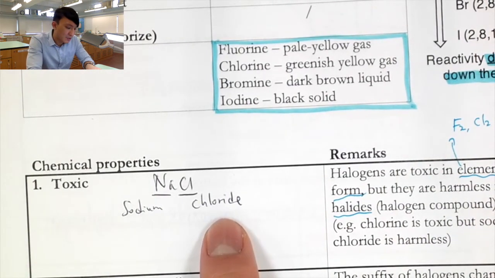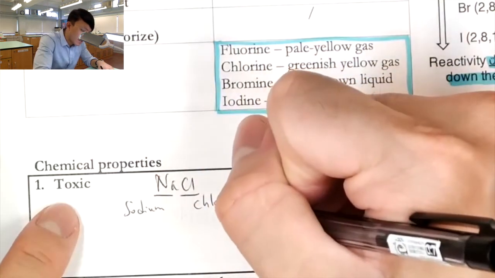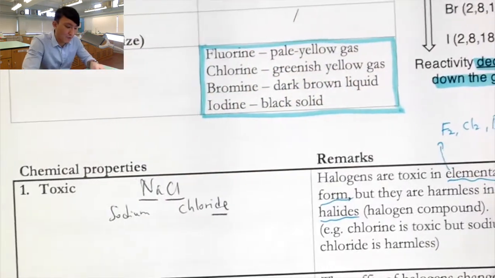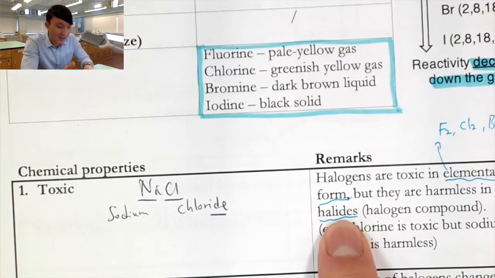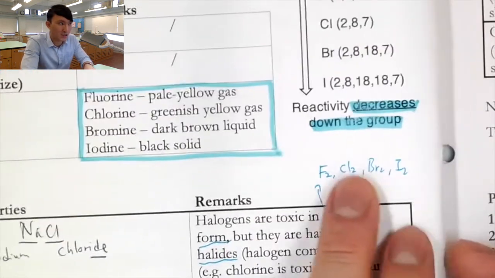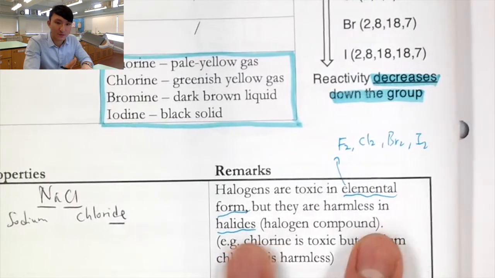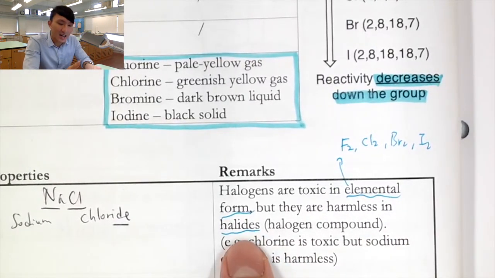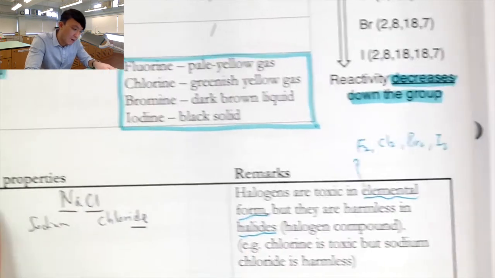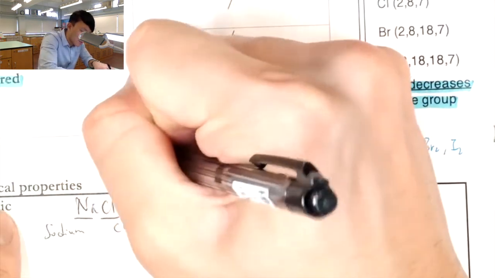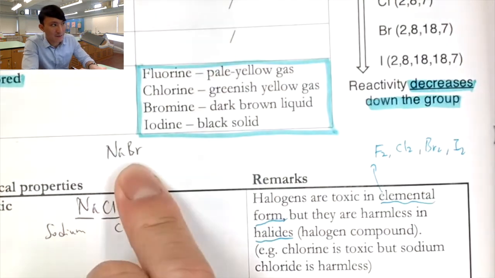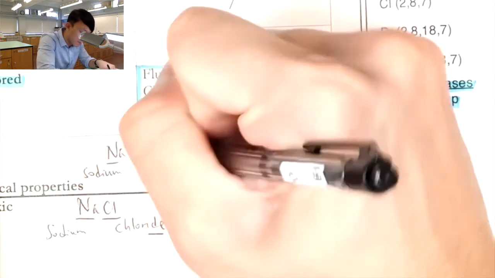Okay? So actually, this -ide at the end comes from halide. So all these halogens, when they form a compound, will have to change the name to end in -ide, having the -ide suffix. For example, if you have sodium and NaBr, then this one is called sodium bromide.